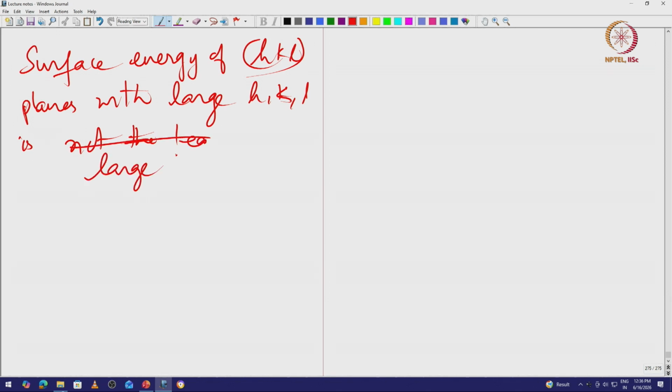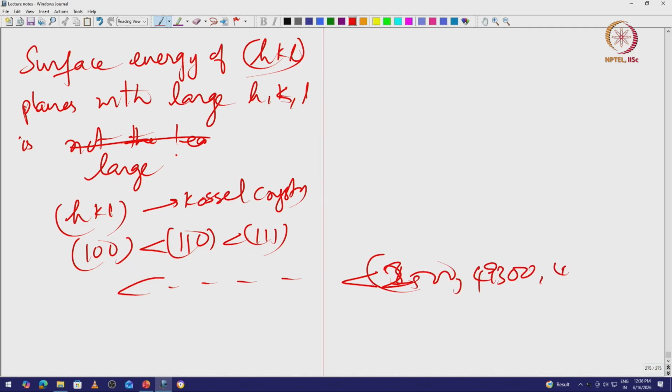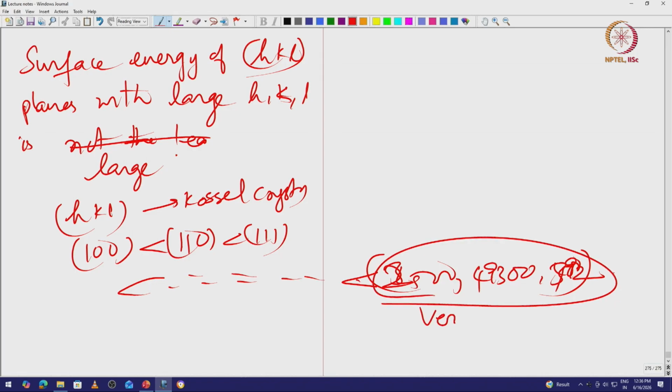Now the surface energy of HKL for a cubic crystal, 100 is less than 110 is less than 111. When will I ever come to 2500, 493, 100, 400, something like that, or 392? So I have to cross all these things, and this is a very high energetic plane.